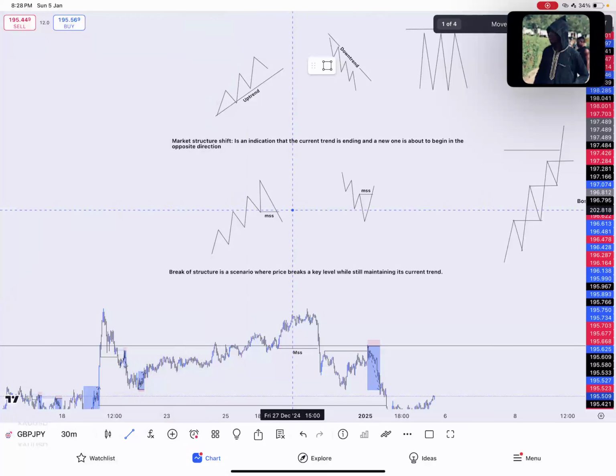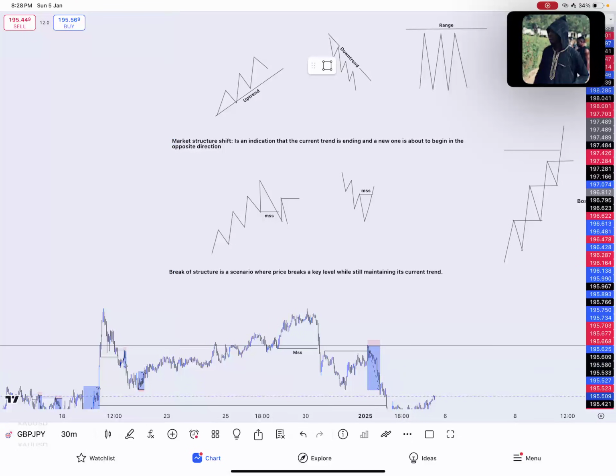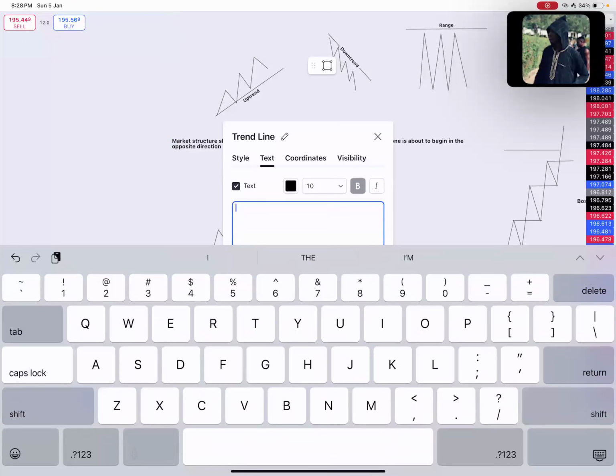Now, after the market does a market structure shift, it will always pull back or retrace into the direction that it shifted structure from, something like this, a pullback. Then it will continue going towards the direction that it shifted structure into. This pullback that the market makes towards the direction that it shifted structure from is your pullback, and that is what your inducement is. So this is what our inducement will be.